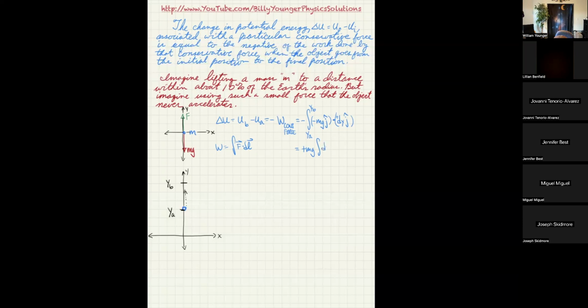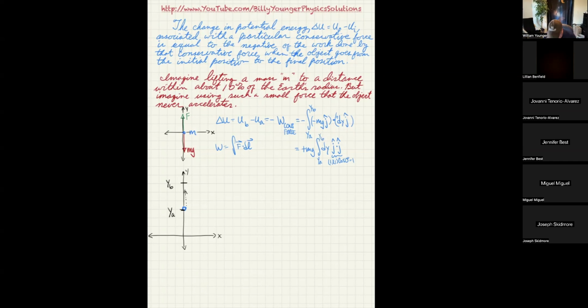Now all I have left is the dy, and I'll let the dot products play just between the individual vectors: j hat dot j hat, and that's of course 1 times the cosine of 0 degrees, which is 1. And you're integrating from y sub a to y sub b.